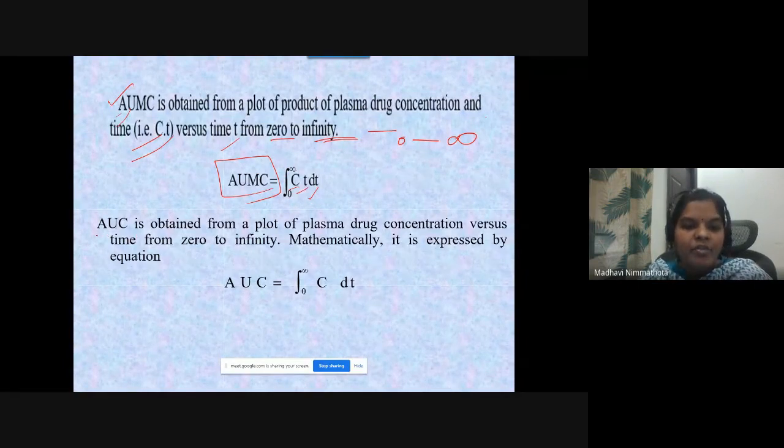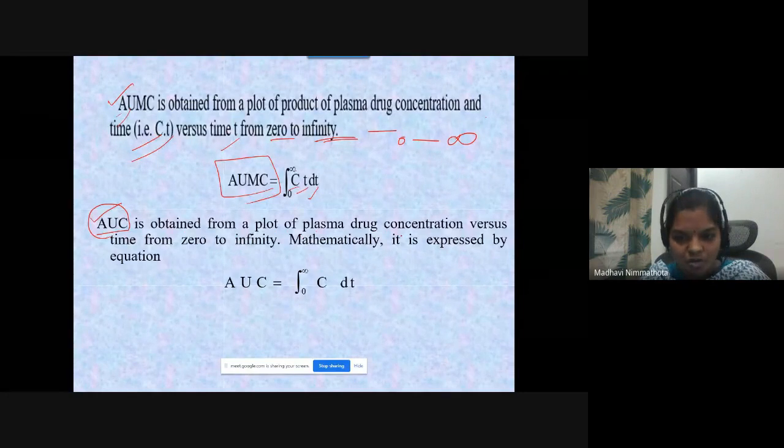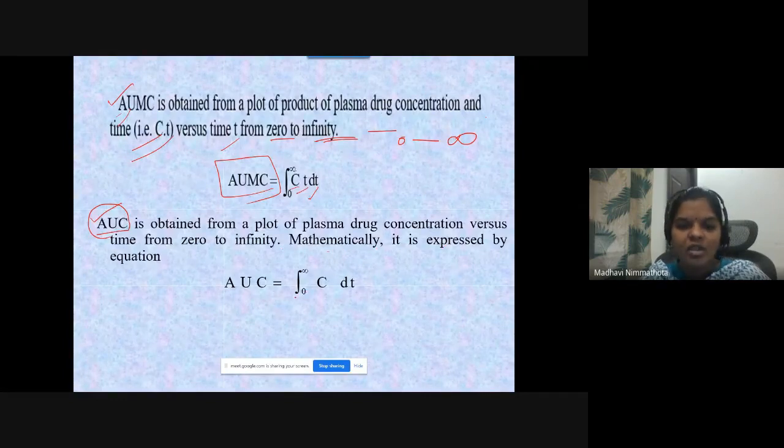And in case of AUC, this is the zero moment curve, right? This AUC is obtained from a plot of plasma drug concentration versus time, 0 to infinity. This is mathematically expressed by this equation: AUC is the integration from 0 to infinity of C dt.